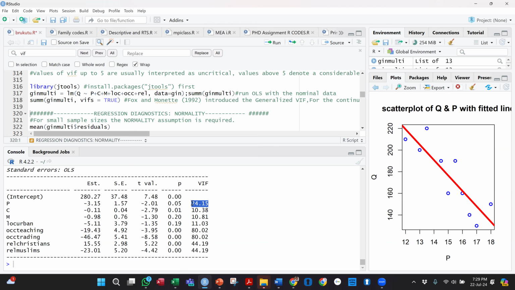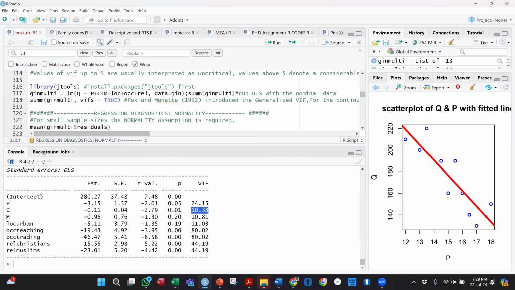The next variable we saw was price and complement price, if I could remember. Based on the complement price, a price is already 24. Complement price is 10.38. So price may be deleted based on the VIF. And then the final one was M and, is it RM and M?